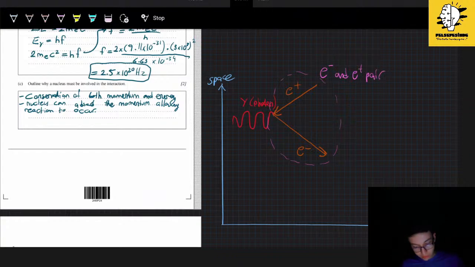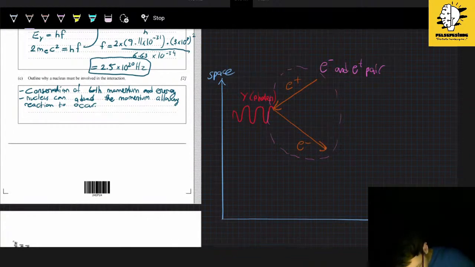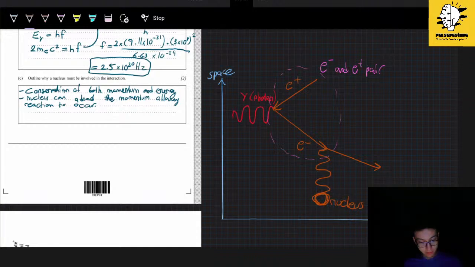Then we will have the nucleus over here, but because it will have a direction like this, I will just say that there comes the nucleus. Okay? This is why we have the nucleus.